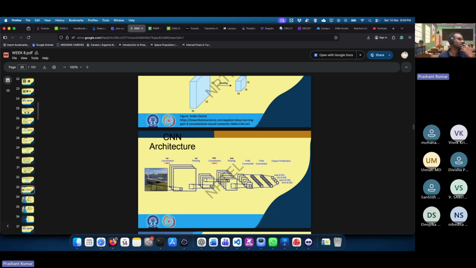If I am giving the image of a boat, and the probability is coming highest for the boat, then I am saying that my prediction is correct, right? Yeah. But just before that layer, is it an MLP? Yes, it is an MLP. Until this we have the convolution layer. Okay.